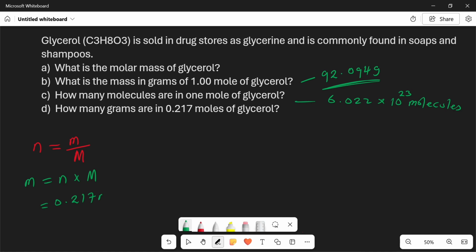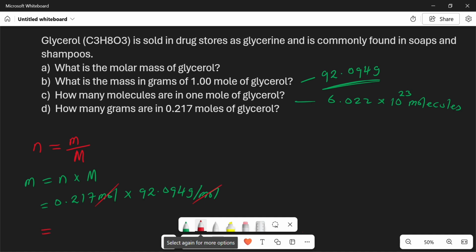And the number of moles we are given is 0.217 moles. And this must multiply by the molar mass that we calculated, which is 92.094, and this has the units of grams per mole.